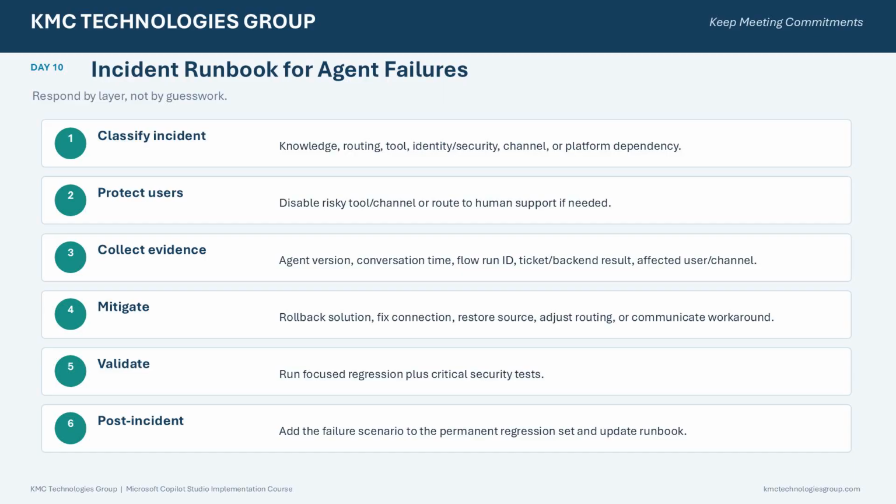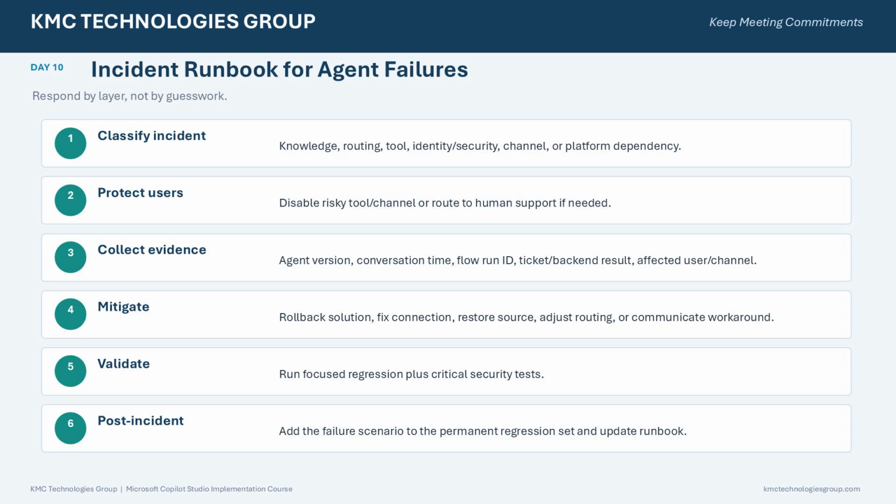Third, collect evidence such as agent version, conversation time, flow run ID, backend result, user identity context, and channel. Then mitigate. That might mean rollback, fixing a connection, restoring a source, adjusting routing, or providing a temporary workaround. After mitigation, run focused regression and critical security tests. Finally, add the incident scenario permanently to the regression set.